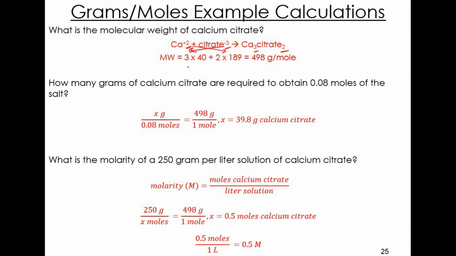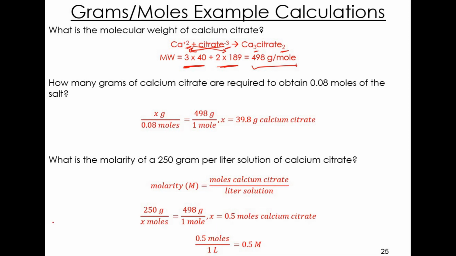So to get the molecular weight, we would do 3 times the atomic weight of calcium, so 3 times 40, plus 2 times the molecular weight of citrate, or 180, to give 490 grams per mole. Okay, so you use the numbers of ions times their atomic or molecular weight. So there's our molecular weight for the calcium citrate salt.